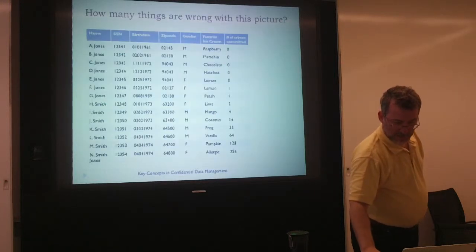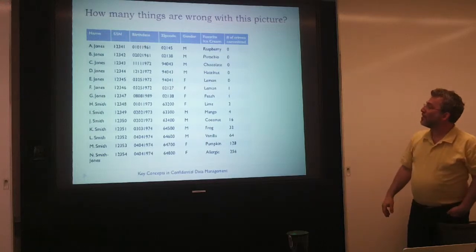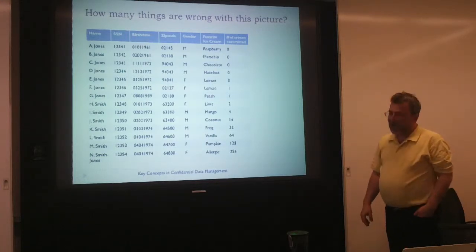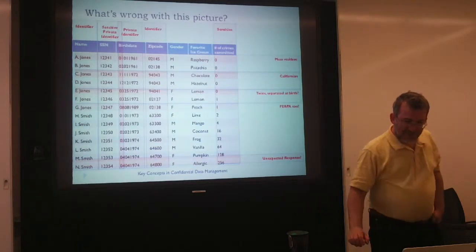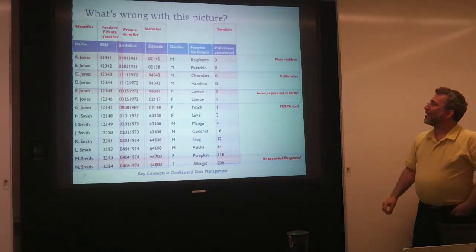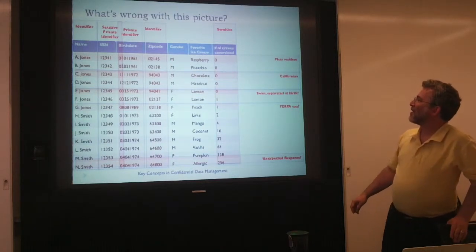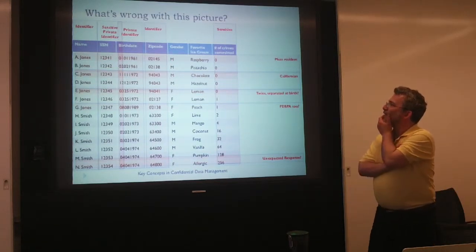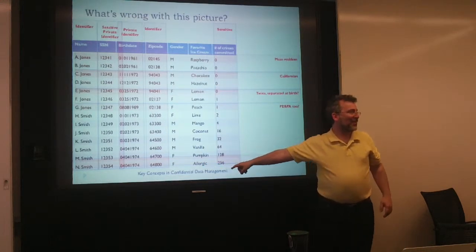And so here's an example of a friendly table of data with ice cream flavors and crimes. There are a few things wrong with it. Some of them are pretty obvious, like the number of crimes committed might be sensitive. In a HIPAA environment, this one might not be so good, right?